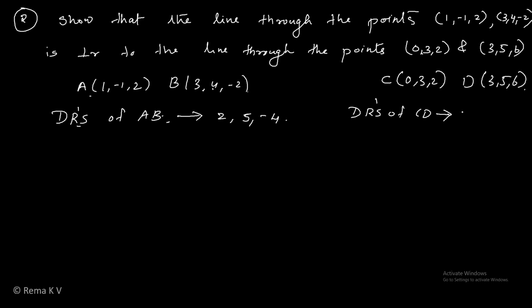Okay, the direction ratios of CD are 3, 2 and 4. Now you got the direction ratios of AB and CD, that is A1, B1, C1 and A2, B2, C2. How can you prove that these two lines are perpendicular?